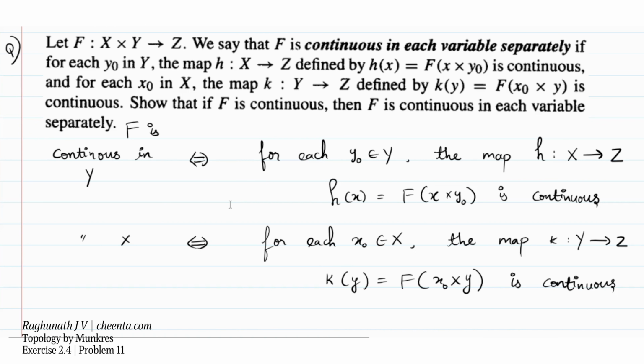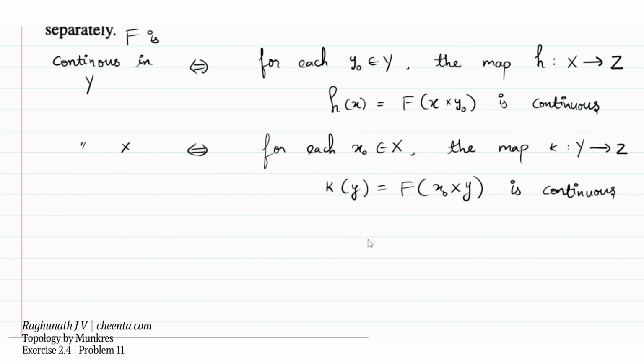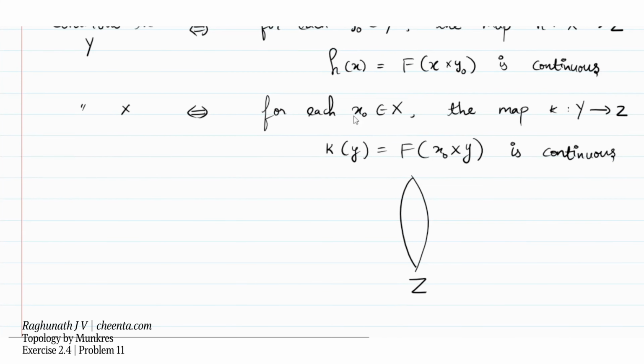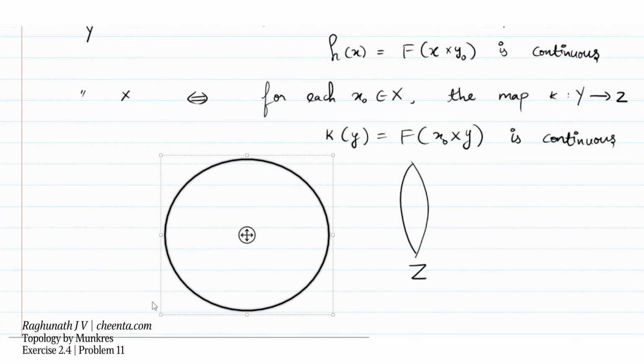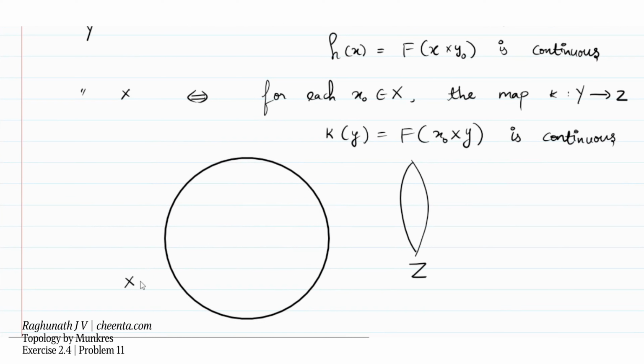Suppose F is continuous, with codomain Z and domain X cross Y. This was our given data, and we have to prove that F is continuous in each variable separately.